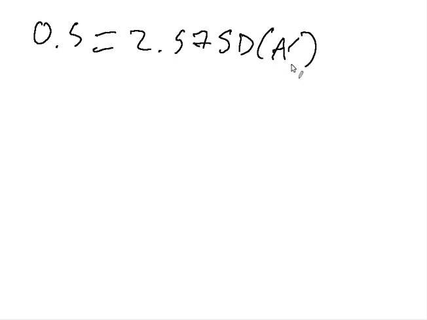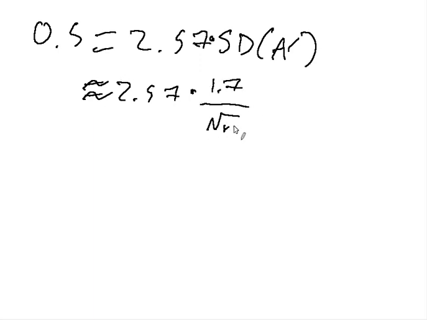We want to figure out what is the minimal n to ensure this. And recall, the standard deviation of a prime is going to be the standard deviation of a single die roll, 1.7, divided by the square root of the number of die rolls.